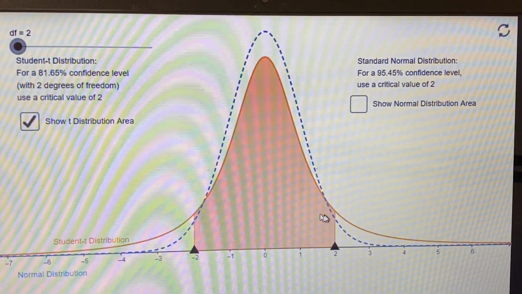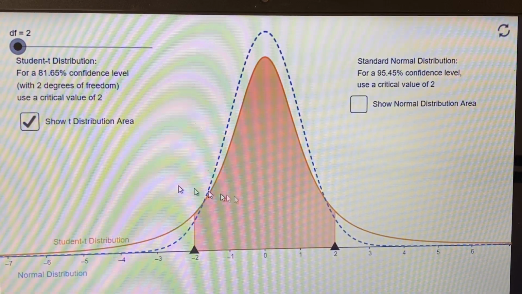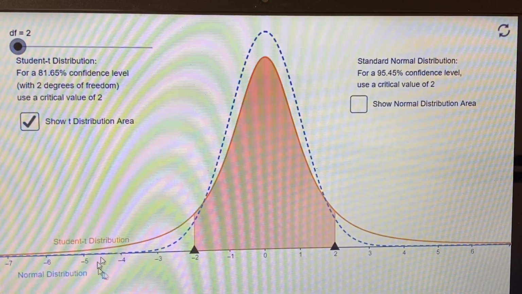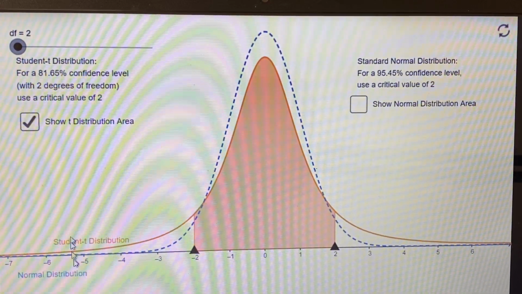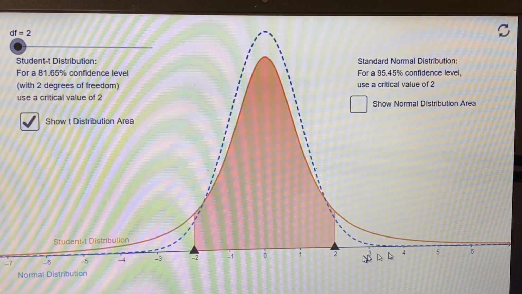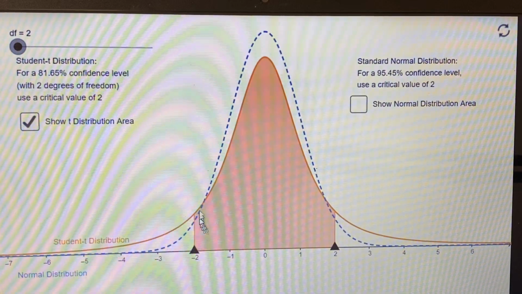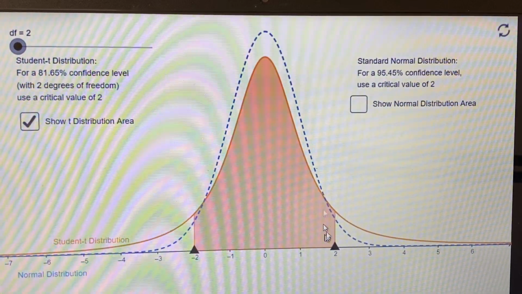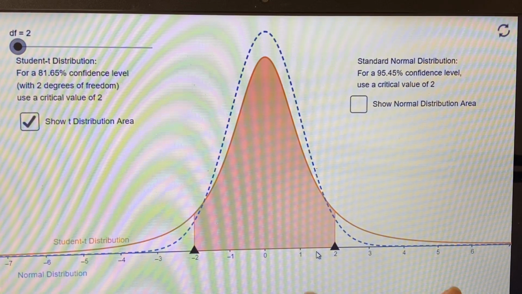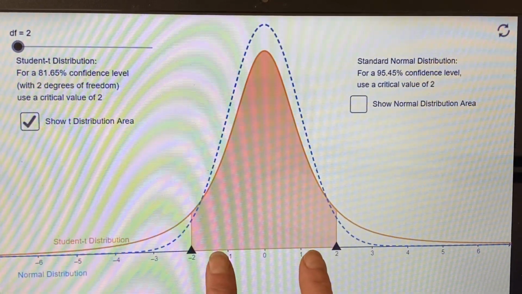So we were just simply looking at 95% and talking about that. But if I wanted 99%, I'm still going to have to go out farther, just like it was true for the Z. And then for a 90% confidence interval, I'll have to go smaller. I would come in here more.